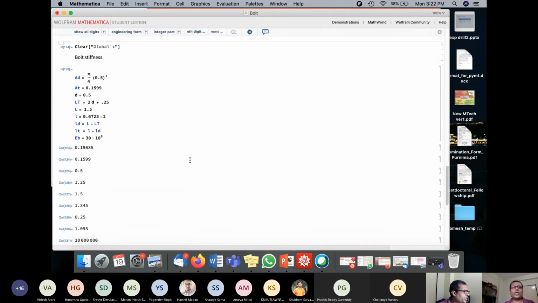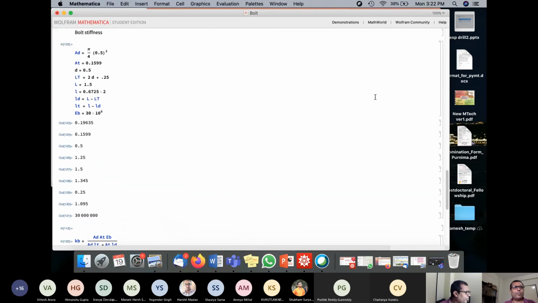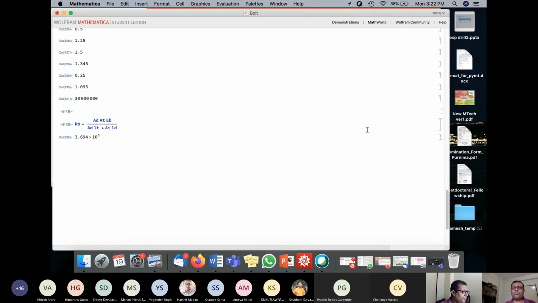Now I can also find out what the bolt is. For the bolt, I need AD, I need AT, I need LT, which is 2D plus 0.25. I showed you the formula there. I know L is equal to 1.5, which is given in the problem. Then I can find out the threaded length LT, the unthreaded length LD, and I know the E. So I can find out the bolt stiffness.